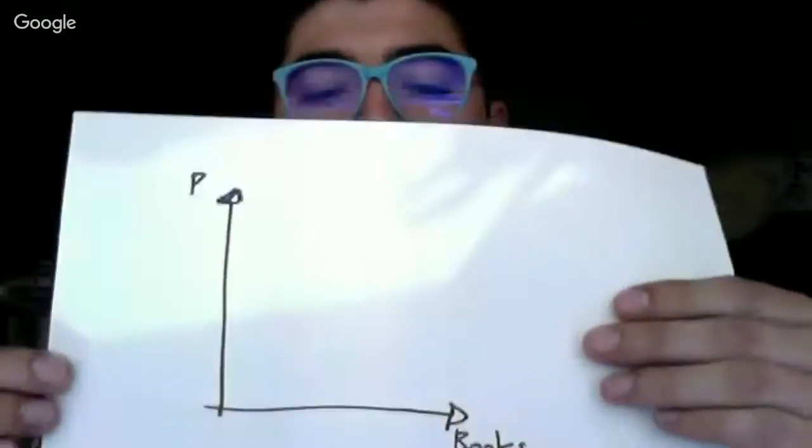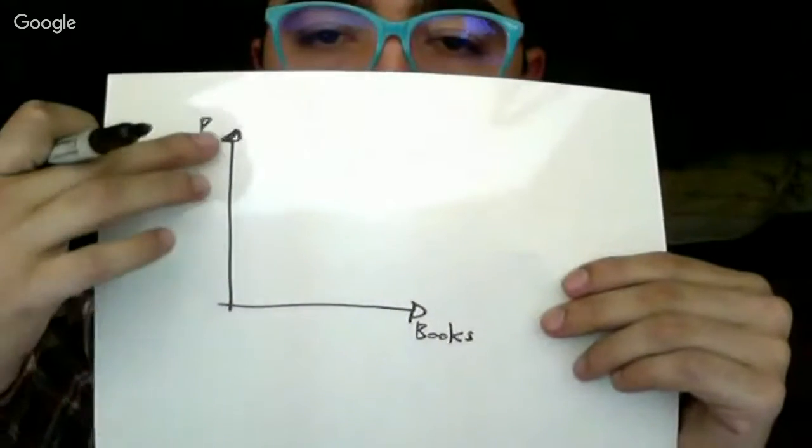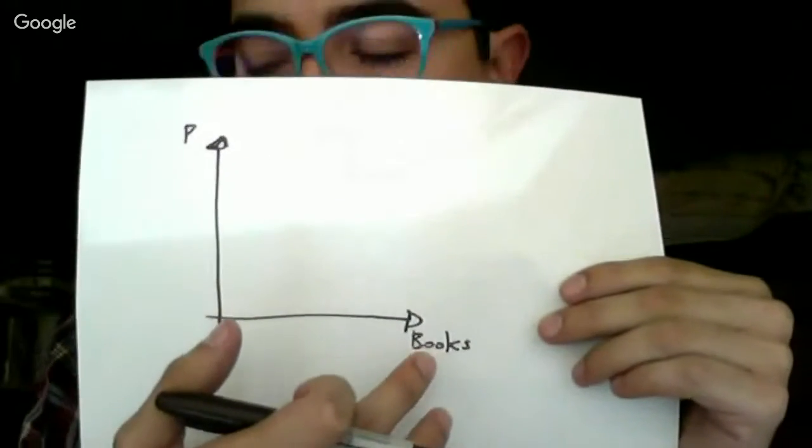So there's a price, and this is our space. So our space is price for books and quantity of books. We're going to have a supply of books that will look like this.